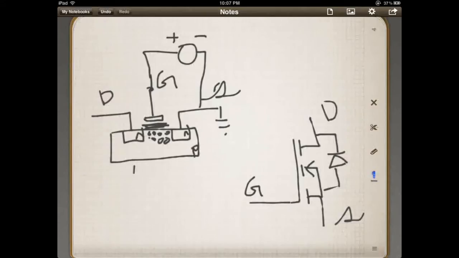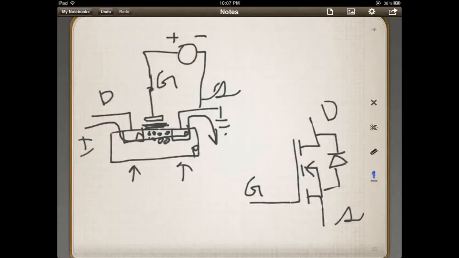And what will happen then is once you get enough electrons in between these two N-type materials, you will actually allow current to flow through here. Okay? So current will then flow.